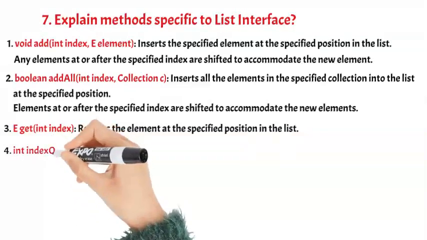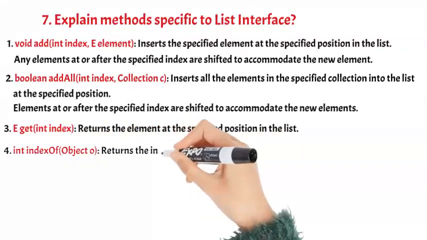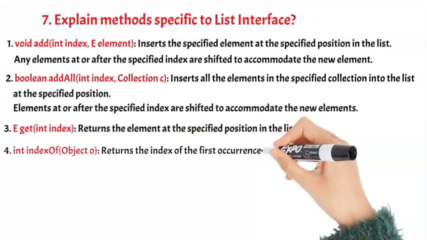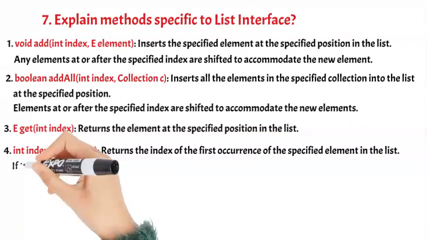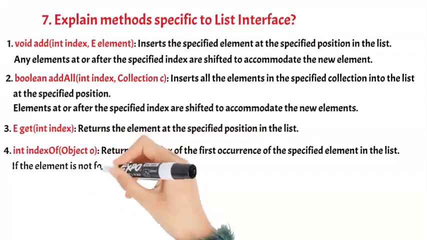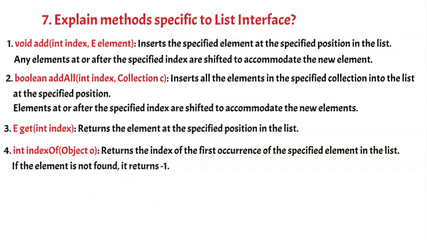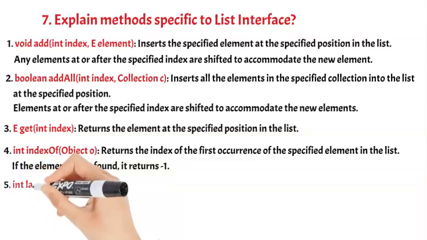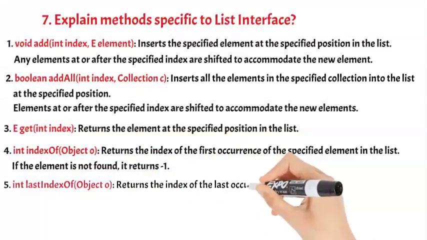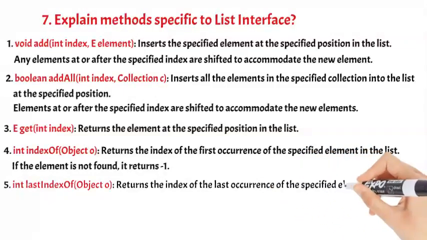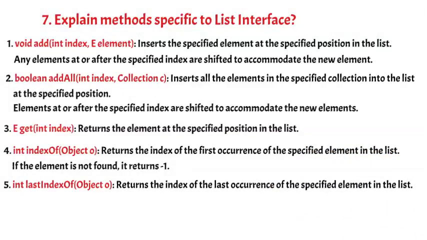4. int indexOf(Object o) returns the index of the first occurrence of the specified element in the list. If the element is not found, it returns -1. 5. int lastIndexOf(Object o) returns the index of the last occurrence of the specified element in the list.